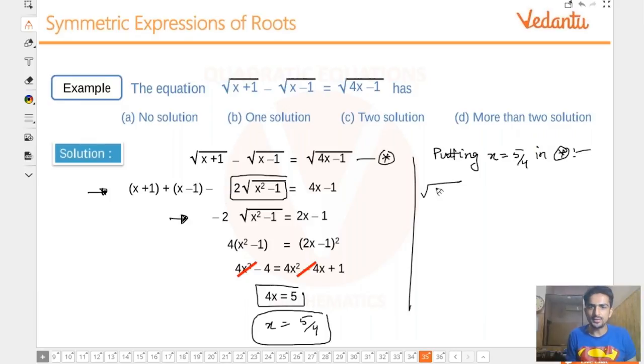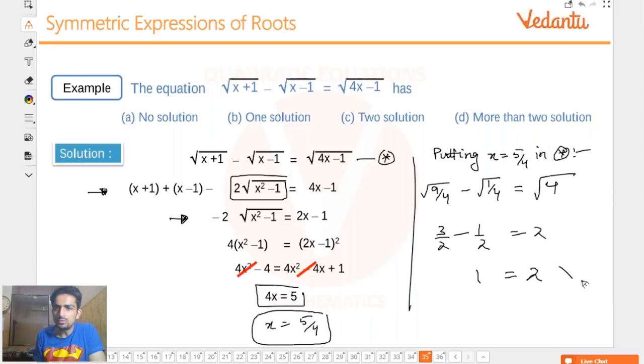Root of 5 by 4 plus 1, that is root of 9 by 4, minus root of 5 by 4 minus 1, that is 1 by 4, equal to root of 4x, that is 5 minus 1, 4. This is 3 by 2 minus 1 by 2 equal to 2. 1 equal to 2, wrong. Now I'm going to explain why this is happening. So basically it is rejected. So the answer is no solution.